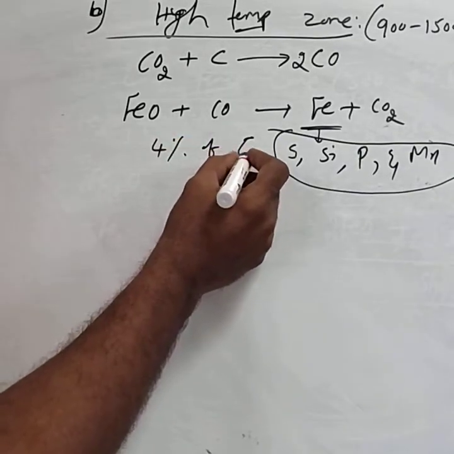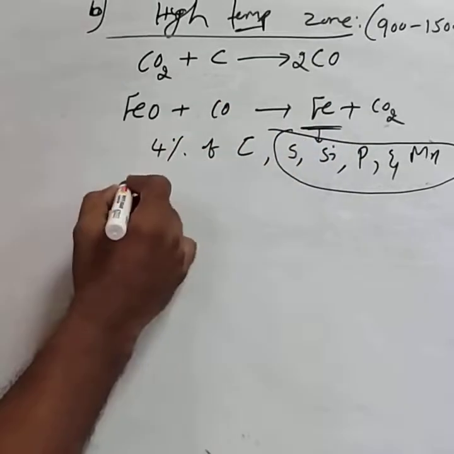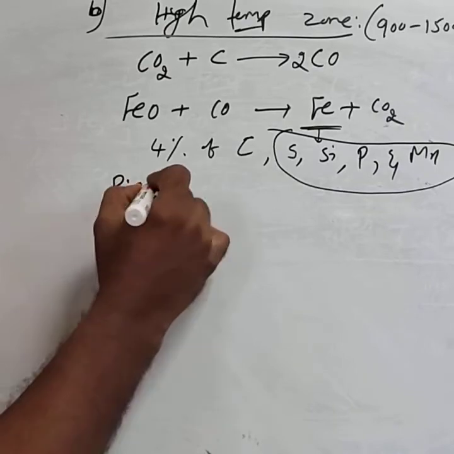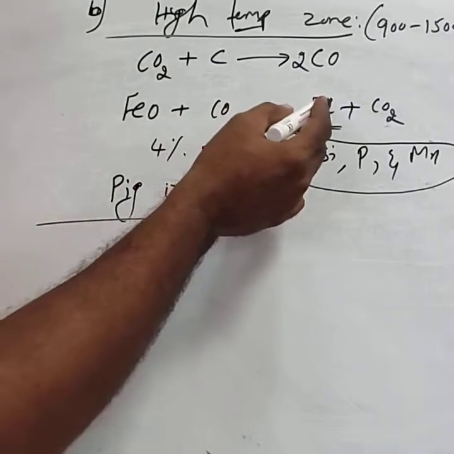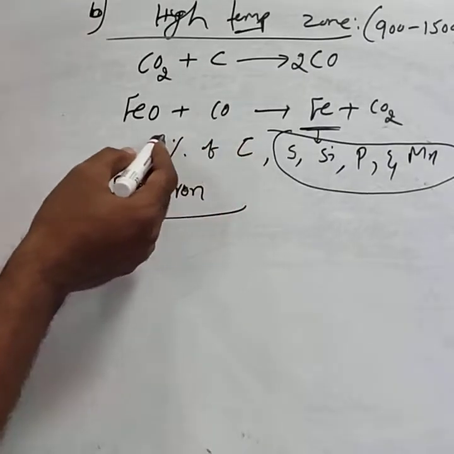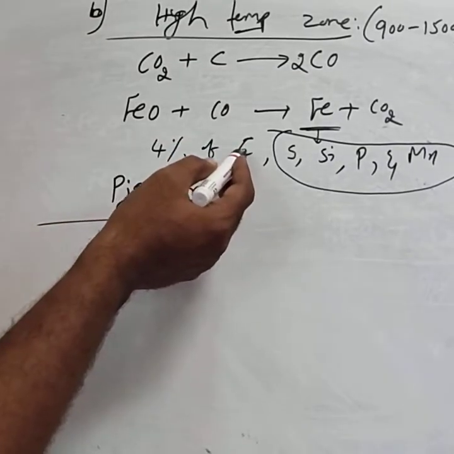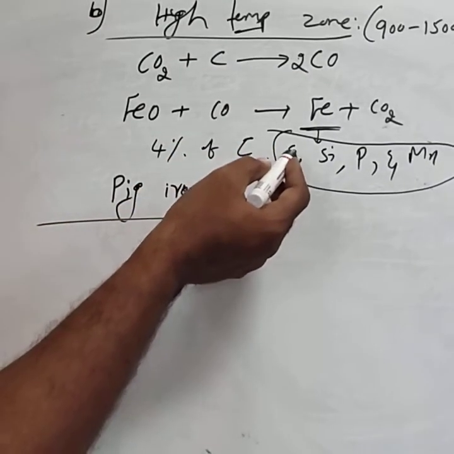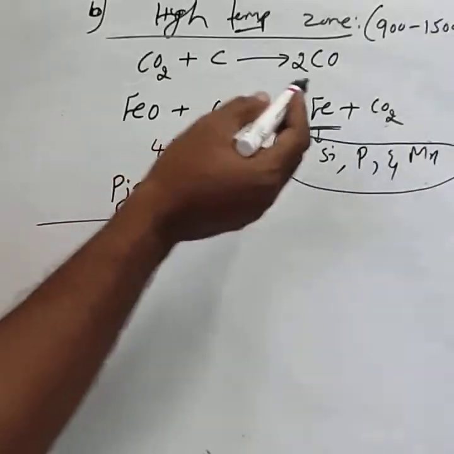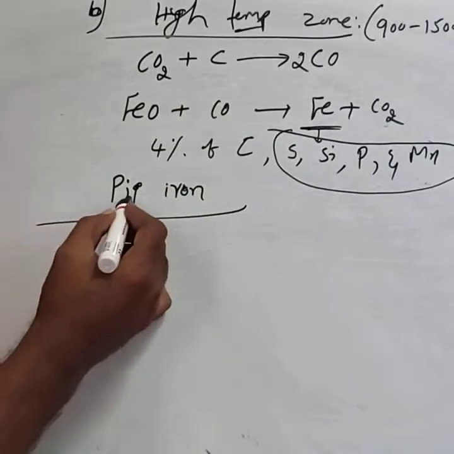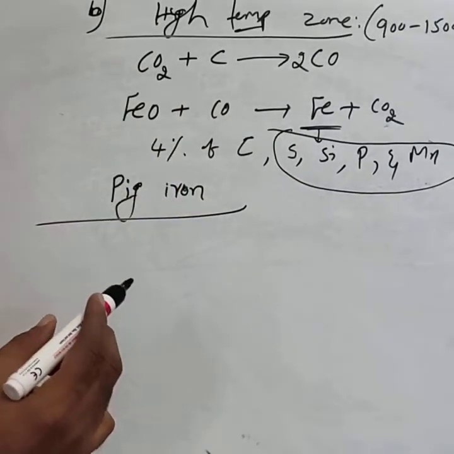The iron obtained in the blast furnace contains 4% of carbon, and traces of sulfur, silicon, phosphorus and manganese. This form of iron we call pig iron.